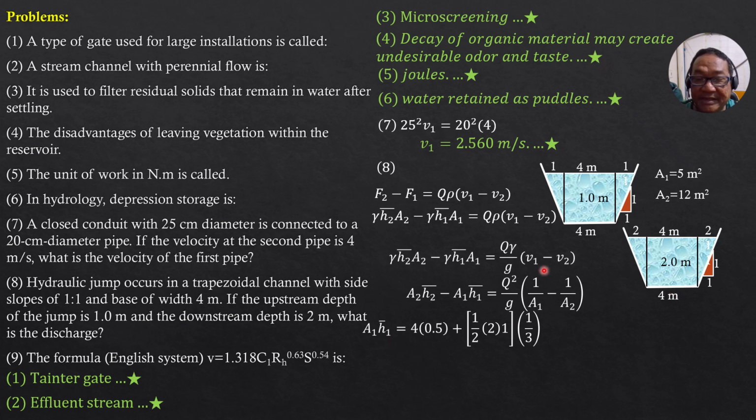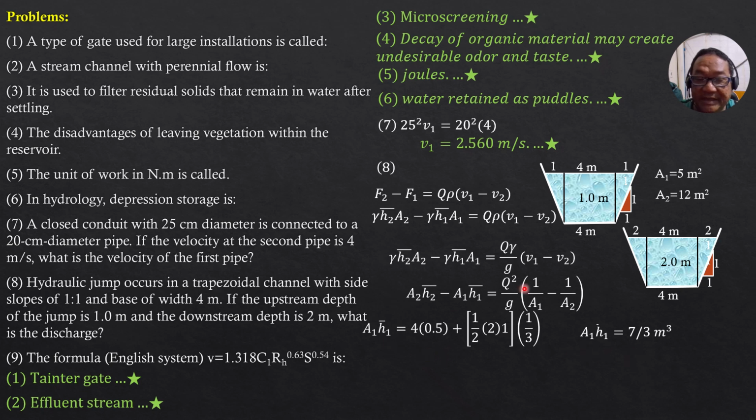This is area 1 h-bar 1, so 4 times 1, that's area 1 for the rectangular part, and h-bar 1 is half of 1, so 0.5. Then for the triangular part, 1 half of 2 times 1, then 1/3 of 1 is 1/3. So area 1 h-bar 1 therefore is equal to 7/3 cubic meters.